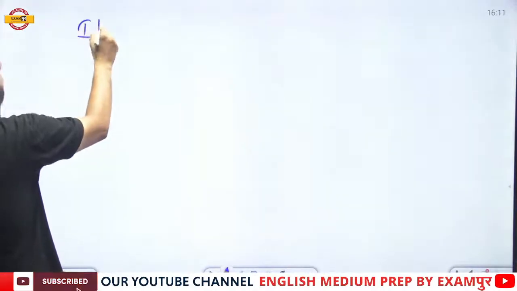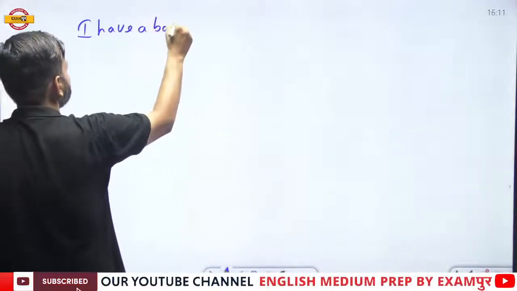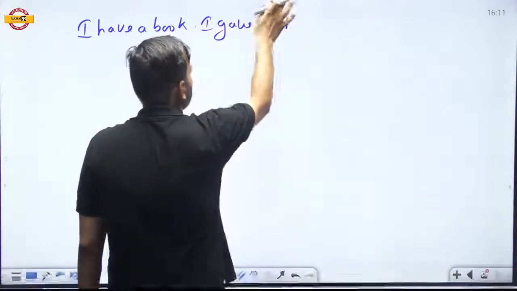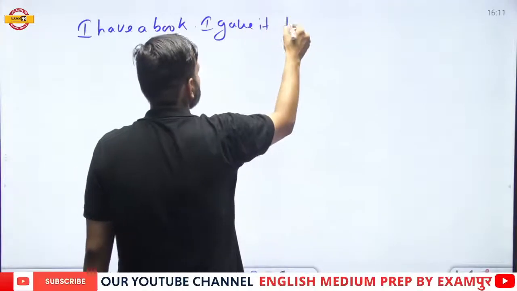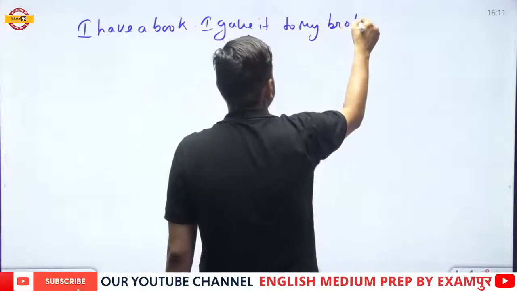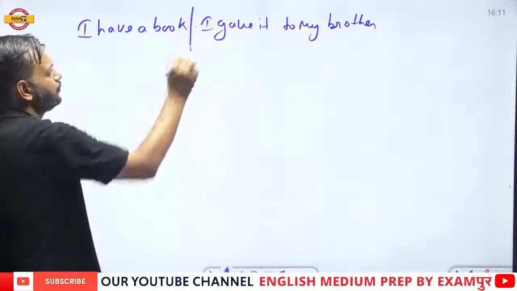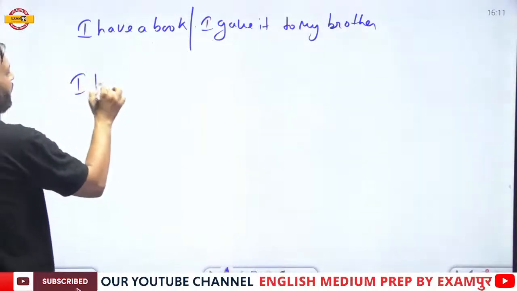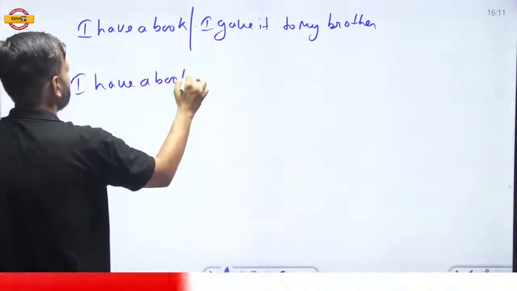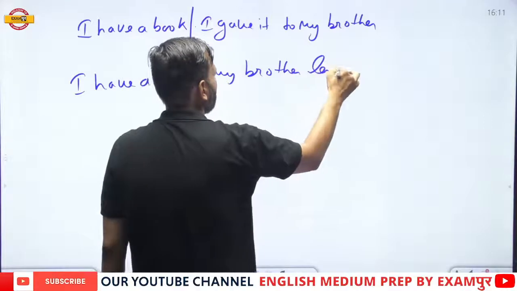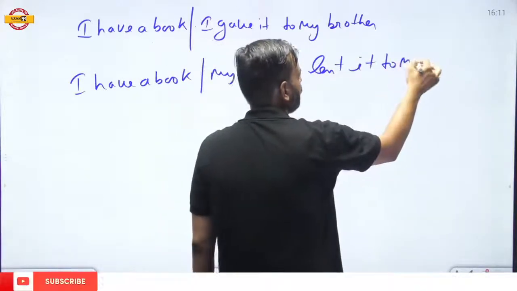Let's check how it works. I have a sentence: I have a book, I gave it to my brother. These are two sentences, 1 and 2. And: I have a book, my brother lent it to me.